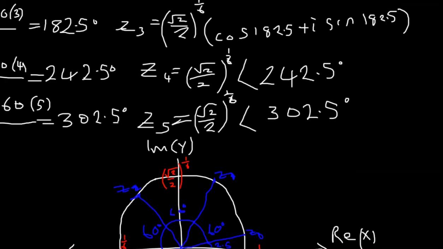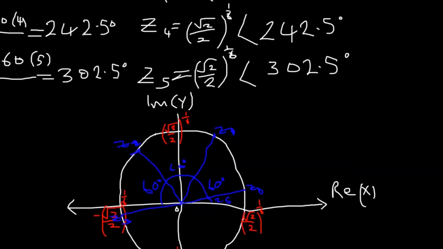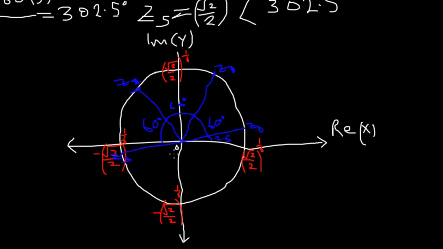So we move on to 242.5. So 242.5 will be somewhere there. So this is my Z4. I'll measure my 60 again there. So this will be 60. Why am I measuring 60?